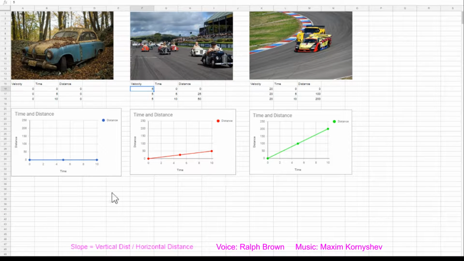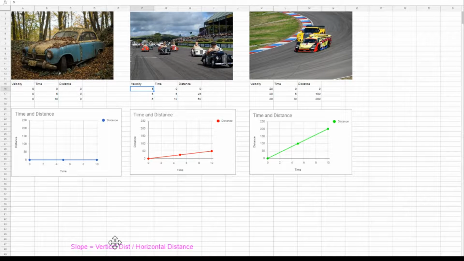In the last section, we talked about how the slope of a line which is plotting distance versus time is the speed of the vehicle. The reason is that the vertical distance divided by the horizontal distance is the slope.